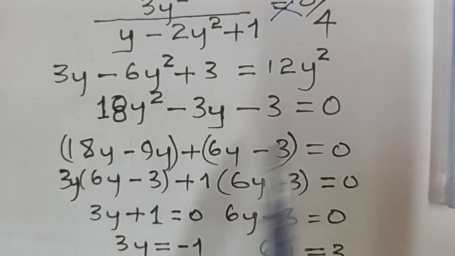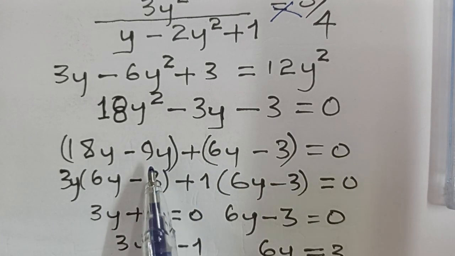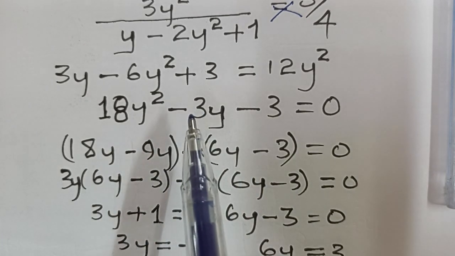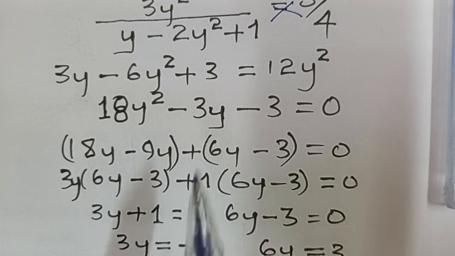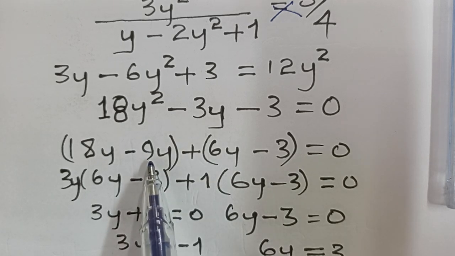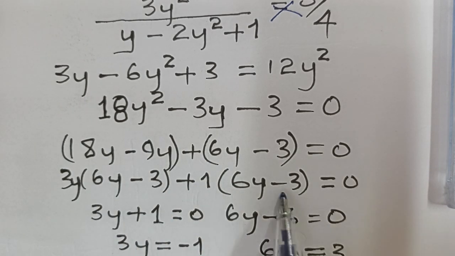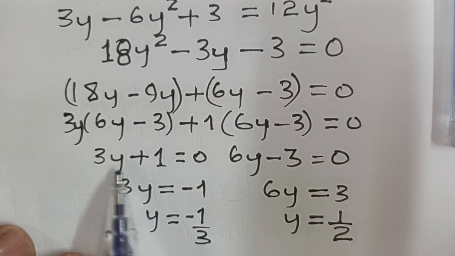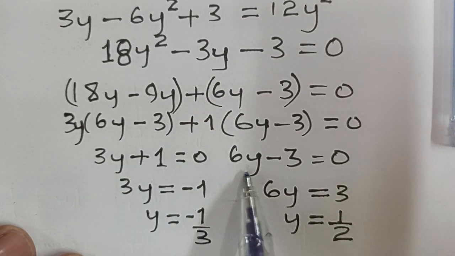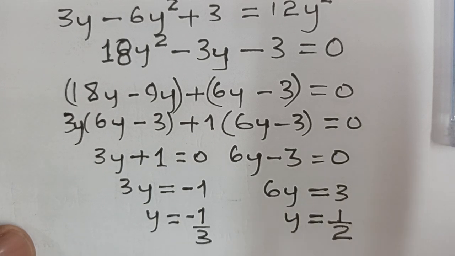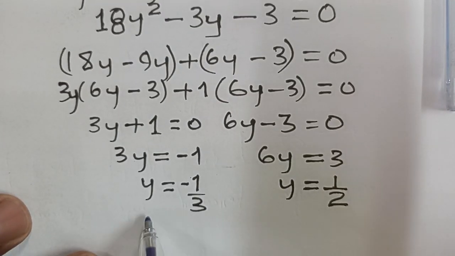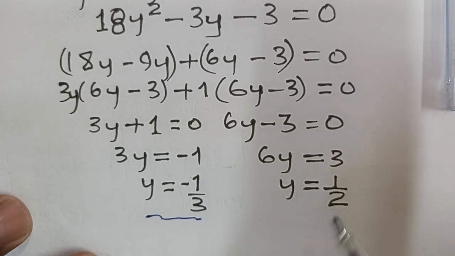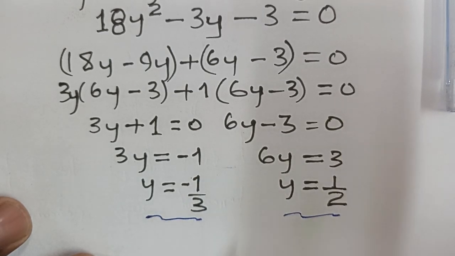We have a number multiplied to get 54, that is 9 and 6, and to add to get 3, that is 9 and 6. And so I have come out and factored, and these are the factors: 3y plus 1 and 6y minus 3. Using those factors, I will get my solution as y equals negative 1 over 3. On this other side, y equals a half.